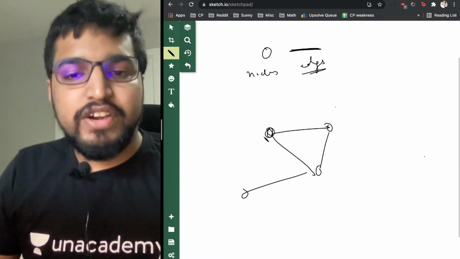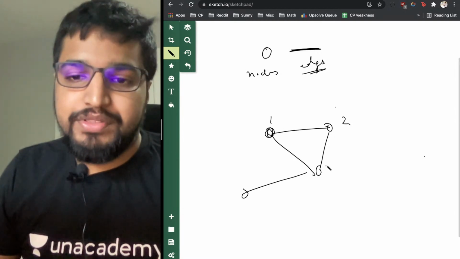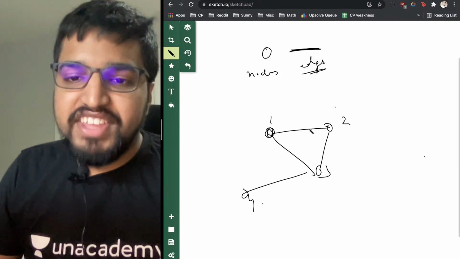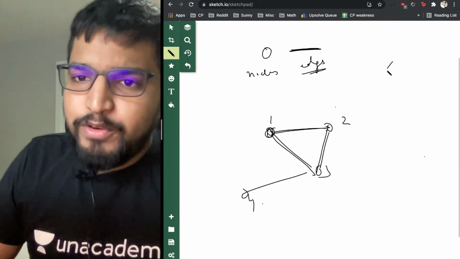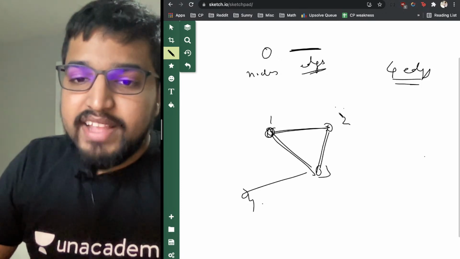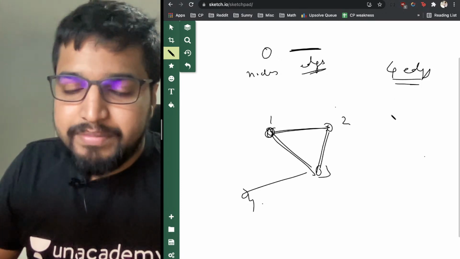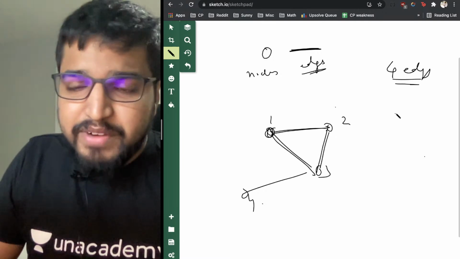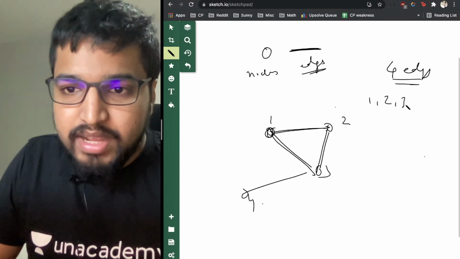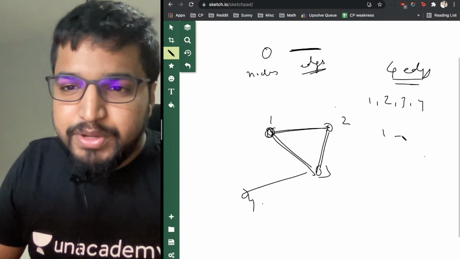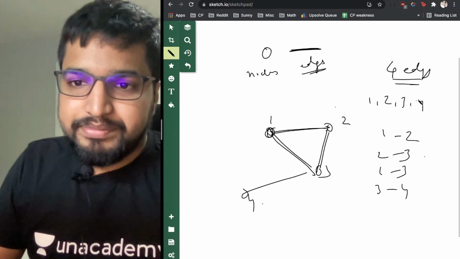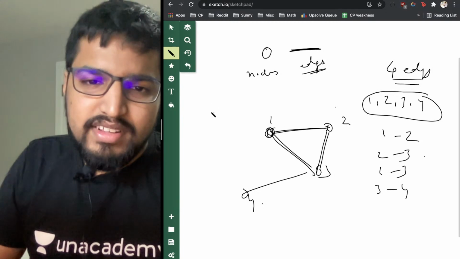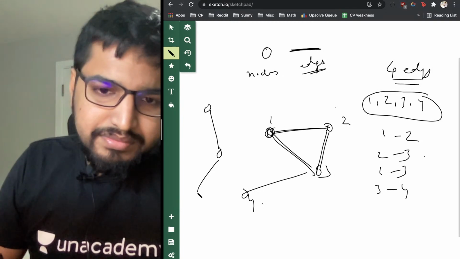A lot of times, nodes are numbered 1, 2, 3, 4, and here the edges are simply the edges here. There are 4 edges in the graph, and there are 4 vertices as well. The vertices are 1, 2, 3, 4. The edges are 1-2, 2-3, 1-3, and 3-4. Right, this is a graph.